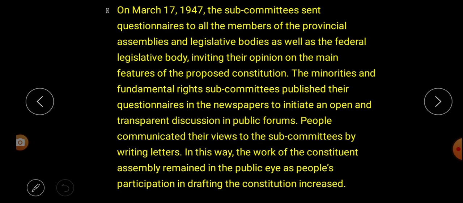Thereafter, the minorities and fundamental rights subcommittee published their questionnaire in the newspaper to start a transparent discussion with the public. Next, the people communicated their opinion by writing a letter to this subcommittee. In this way, the work of the Constituent Assembly remained in front of the public eye and people participated in making the Constitution.